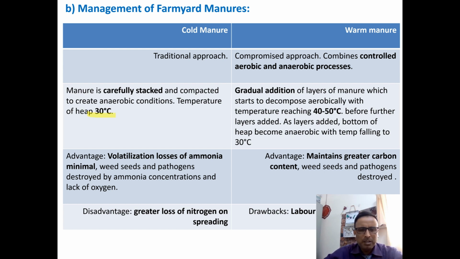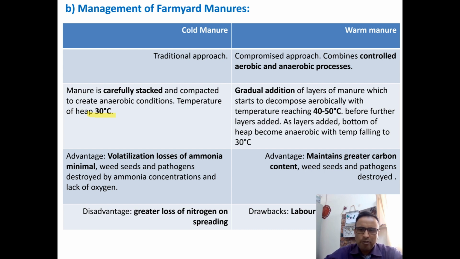The advantage of cold manure is that volatilization loss through ammonia is minimum, because a lot of layers of carefully stacked manure are generated in this technique. But the disadvantage of cold manure is that while removing the heap for use, there is a greater loss. There are chances of greater loss of nitrogen on spreading of this manure.